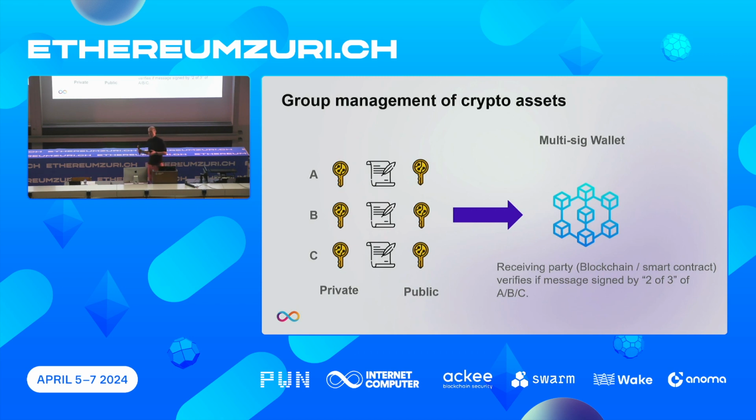Then a subset of that group signs a message, and then it is down to the receiving party, the blockchain. So in the case of Bitcoin, the blockchain itself can validate multisig. In the case of Ethereum, a smart contract can do that, but it is down to the smart contract, the blockchain, to verify that the message is signed by M out of N participants.